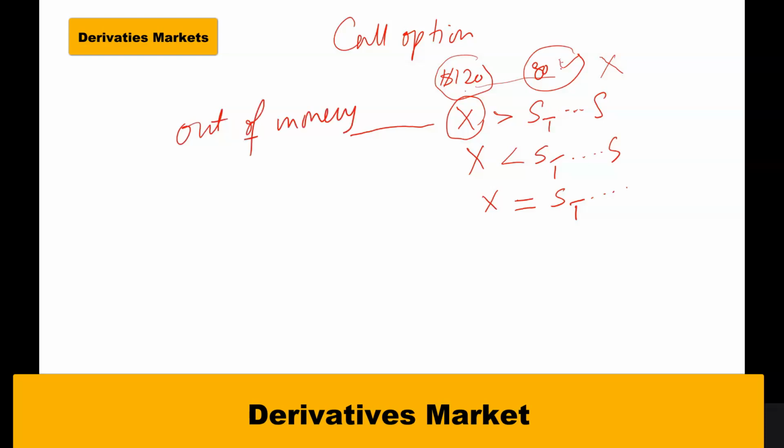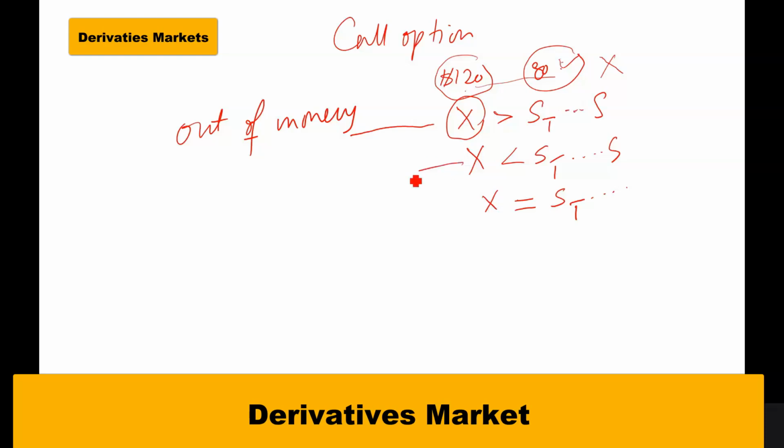Why do we call it out of money? Because here it will not be beneficial for the buyer of the call to exercise, because the exercise price is 120, which is greater than what is prevailing in the market.